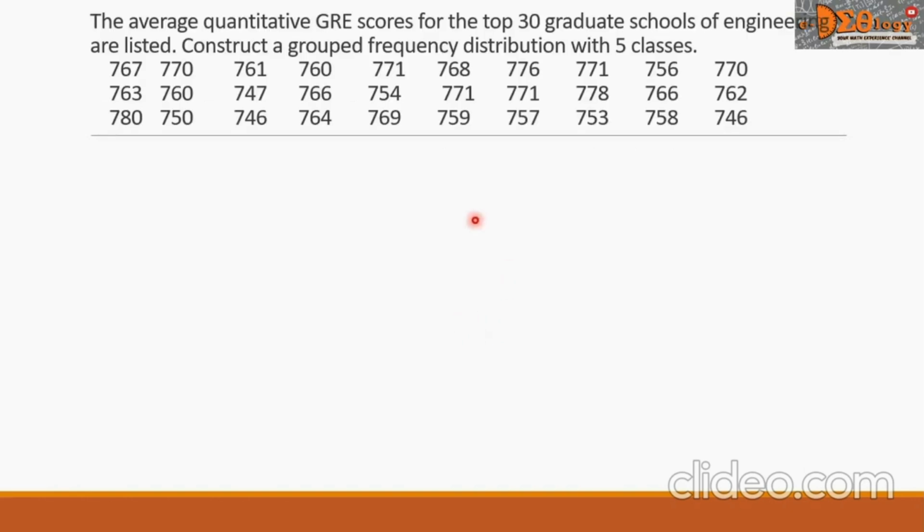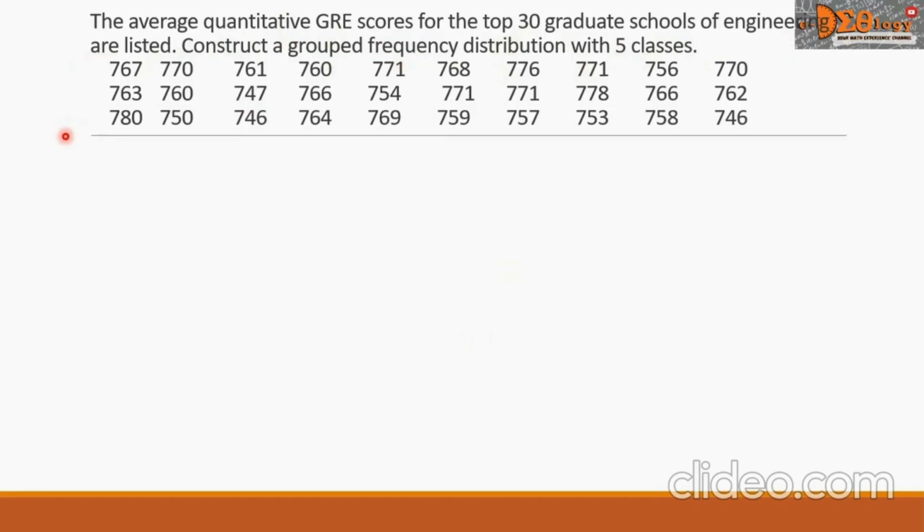Let us see an example. The average quantitative GRE scores for the top 30 graduate schools of engineering are listed. Construct a grouped frequency distribution with 5 classes.